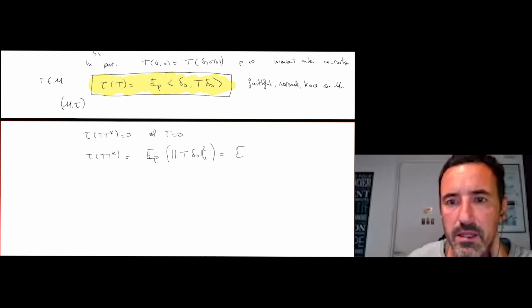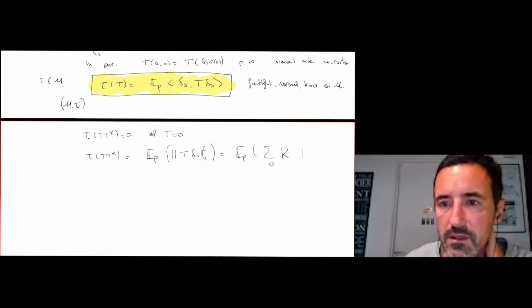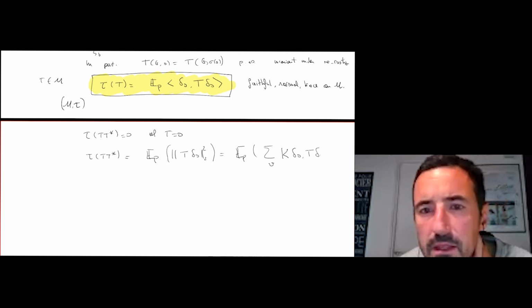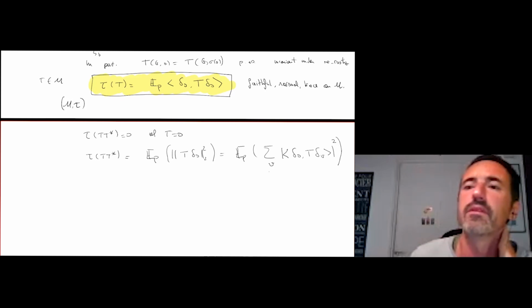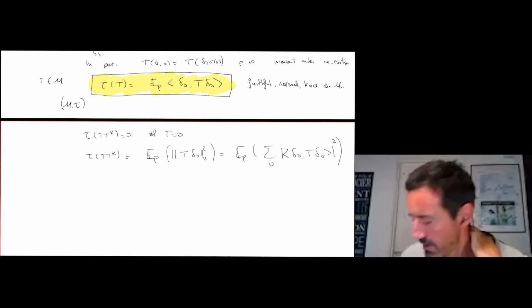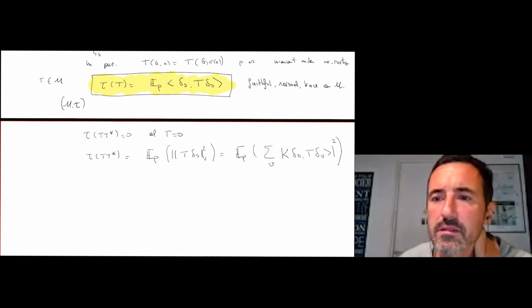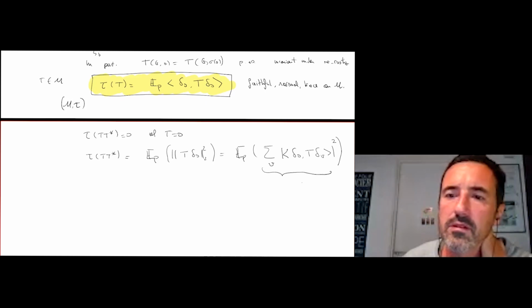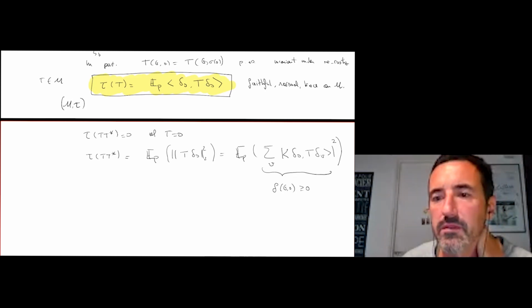So this is the expectation under rho of the sum over all V of the modulus of the inner product of delta_0 with T delta_V, squared. Call that f of G, O, which is a non-negative number.